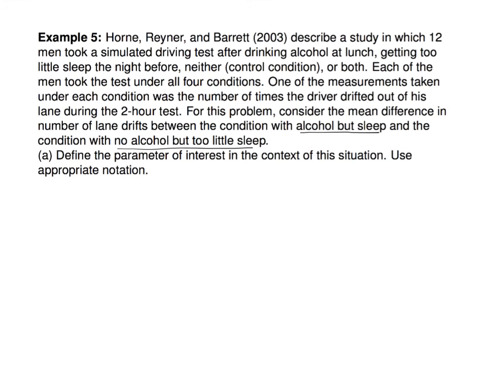So the first thing to notice is that everyone took the test under all the conditions, so you have paired measurements. You have number of lane drifts for each person with alcohol and number of lane drifts for each person with too little sleep.